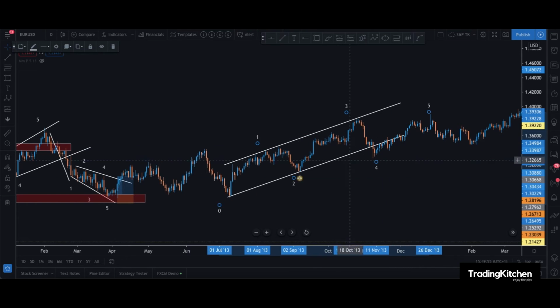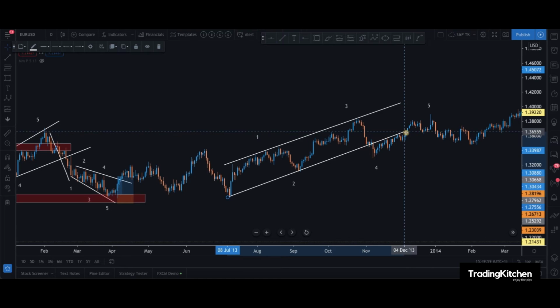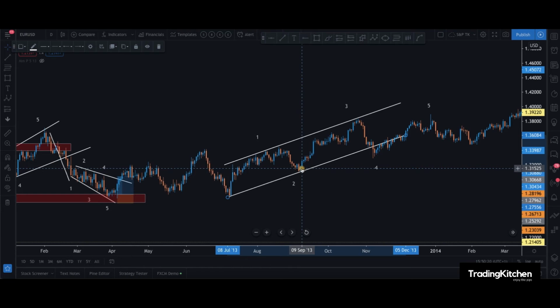As you can see, you don't have to wait here for 4. The important thing is not that the channel trend line is respected, but that 0.4 in this case will be above 0.2.